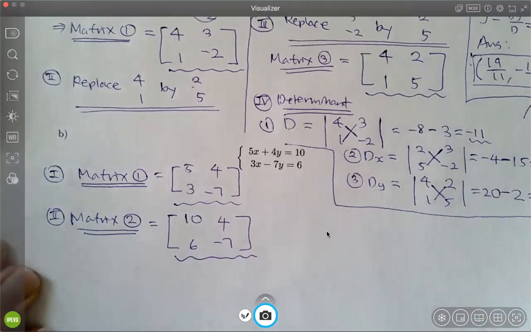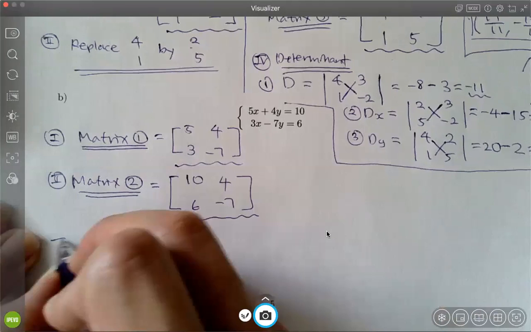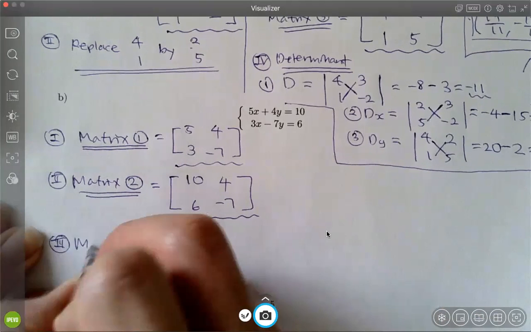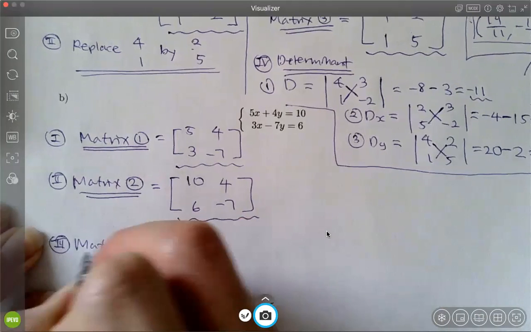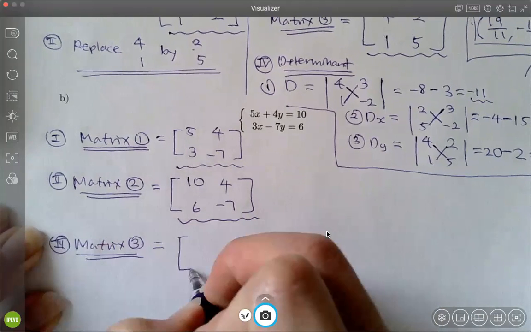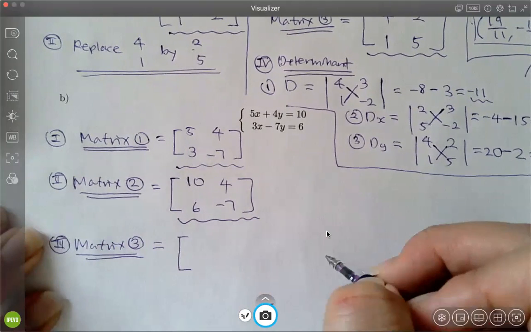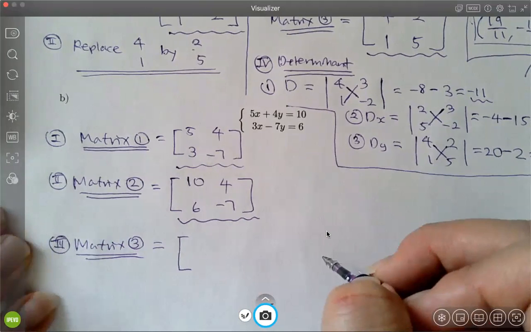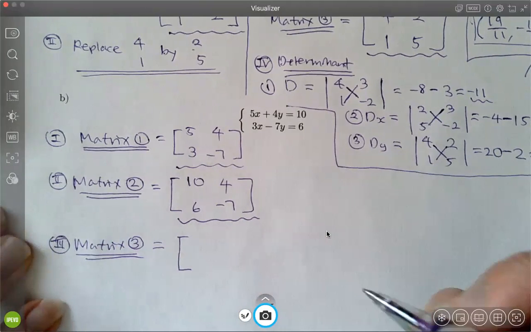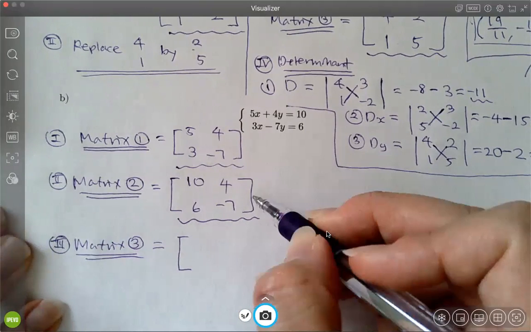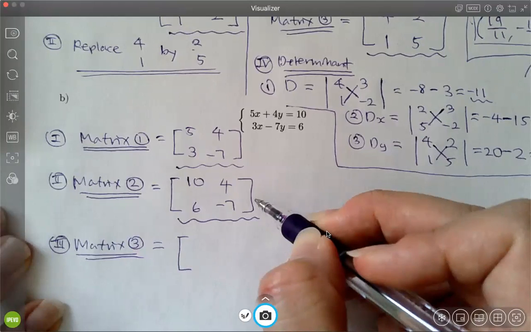Okay, and now matrix number 3. How do you get matrix number 3? You replace the second column by 10 and 6, right? But remember, you're not replacing the second column of this matrix by 10 and 6. You always go back to matrix number 1.